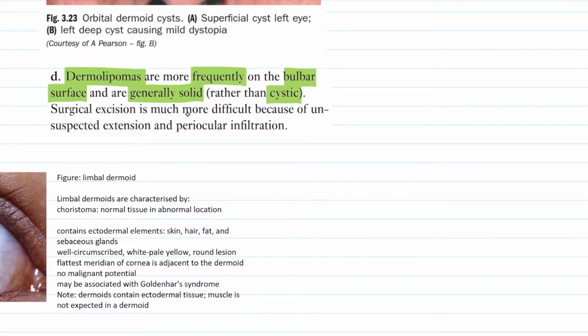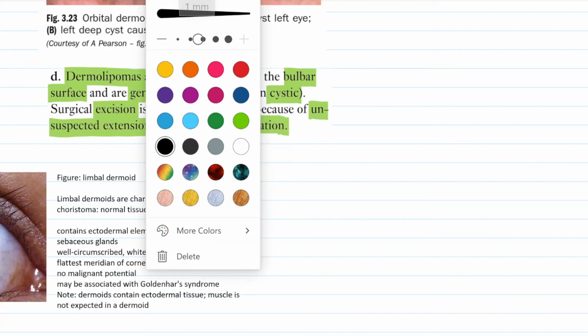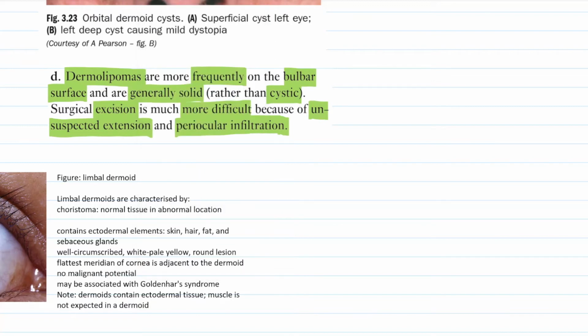Surgical excision is much more difficult because of unsuspected extension and periocular infiltration. So what is happening here is the dermal lipomas are more frequently on the bulbar surface.